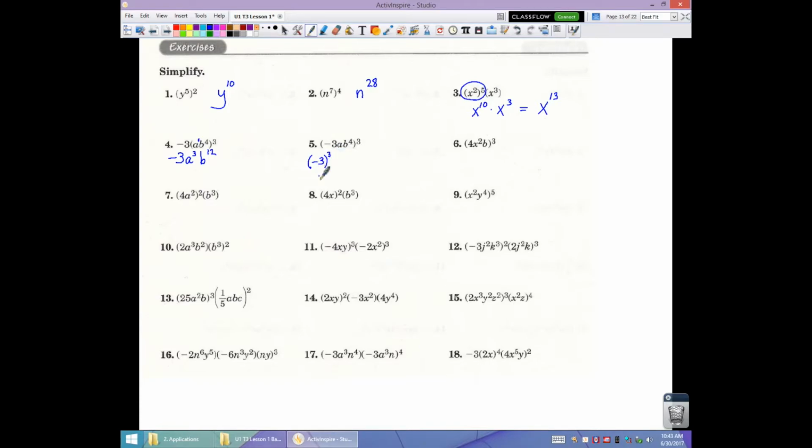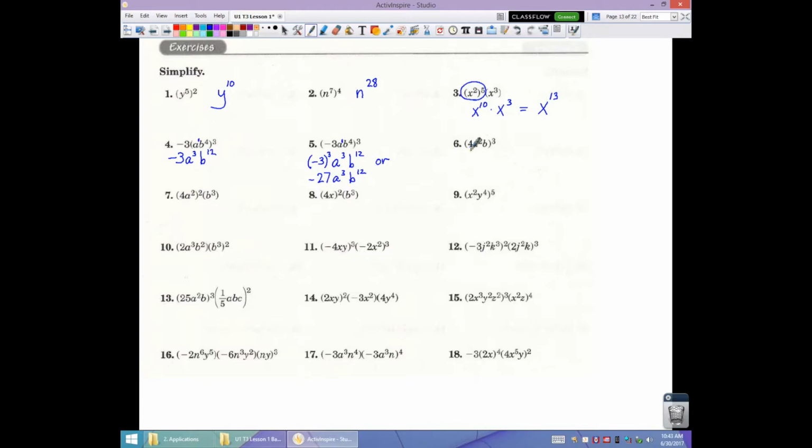It gets the exponent also. This is a to the first to the third, so a to the third. B to the 4th gets raised to the third, that's b to the 12th. Now, one other way to write this, negative 3 times negative 3 times negative 3 would be negative 27, a to the third, b to the 12th.